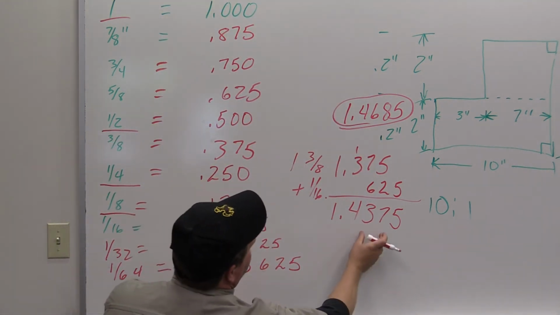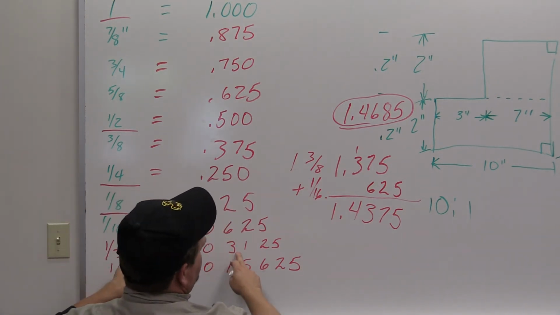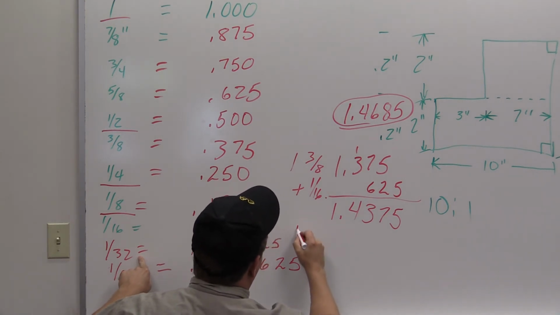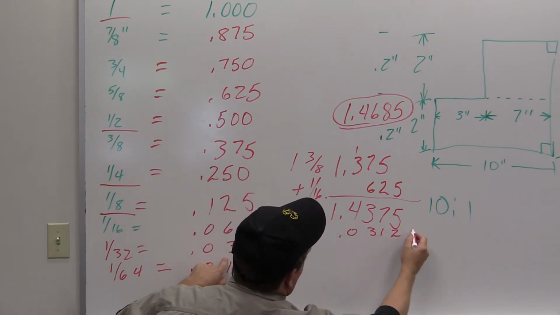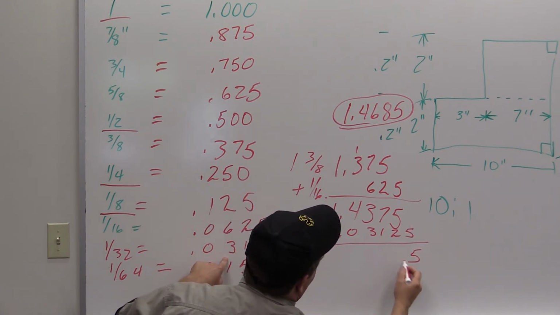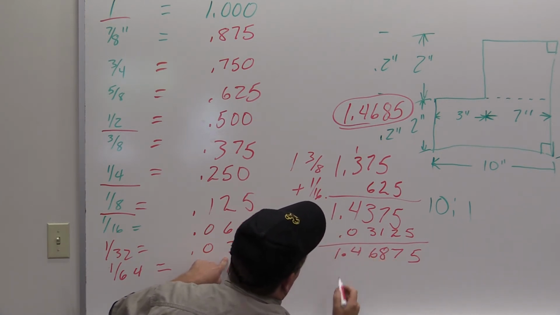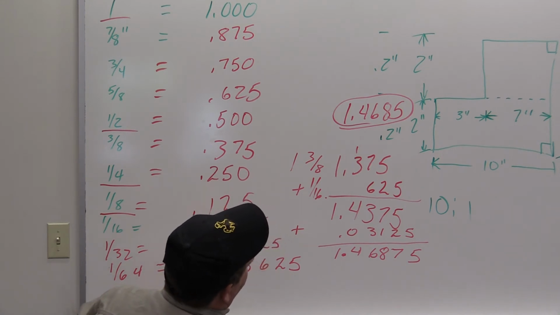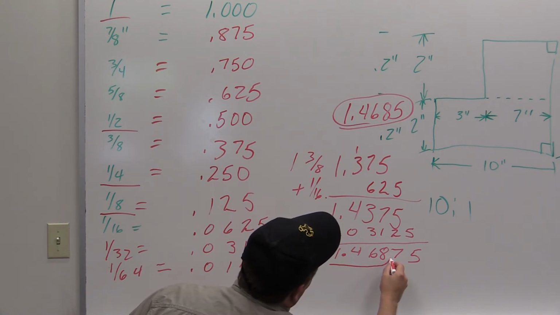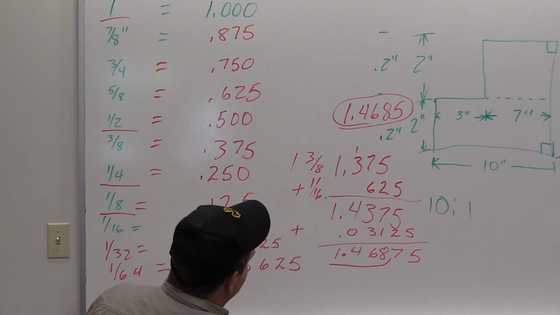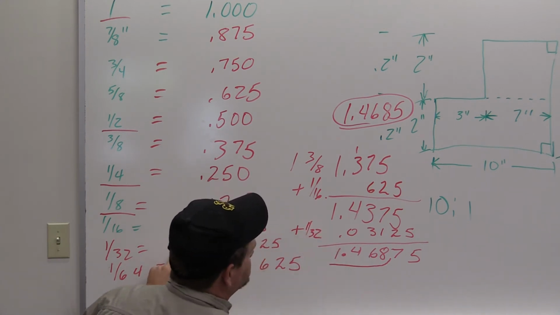Now we're still shy 31 thousandths. Looking over here, 1/32 is now .03125. So let's add 0.03125 to this. 1.46875. So if we were carrying it 3 places, we are exactly the same as above. So in this case, we added 1/32. Okay?